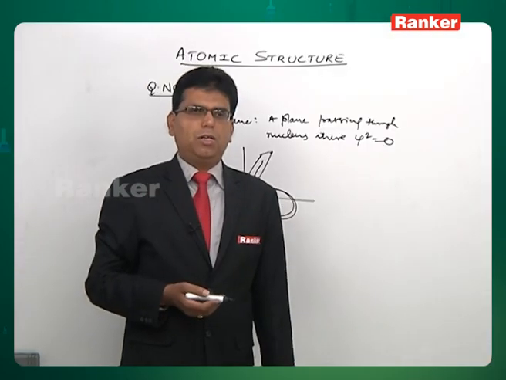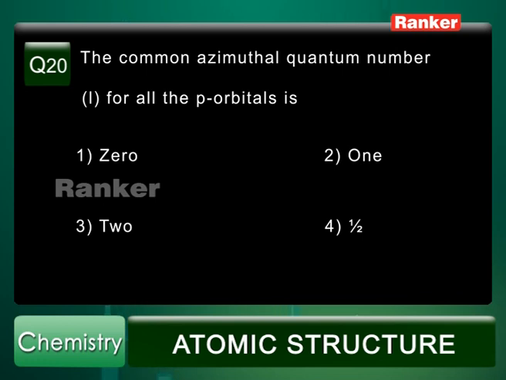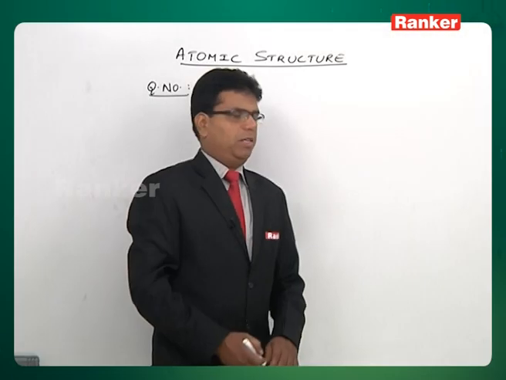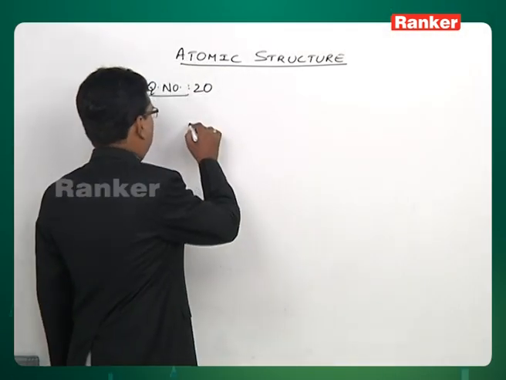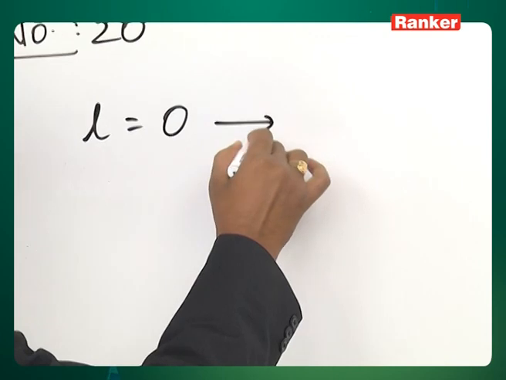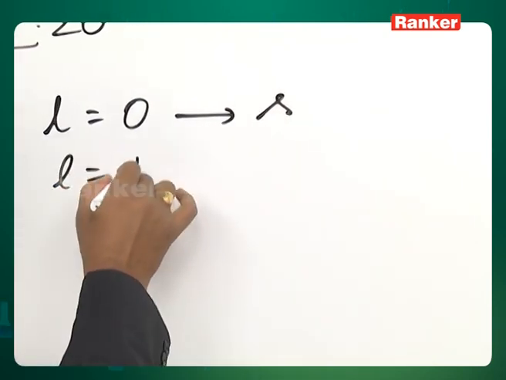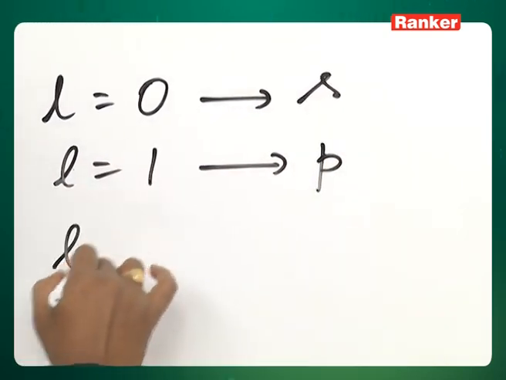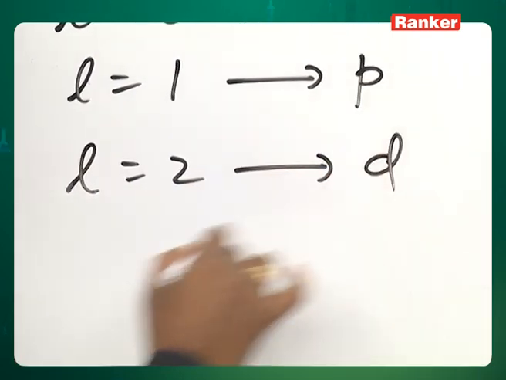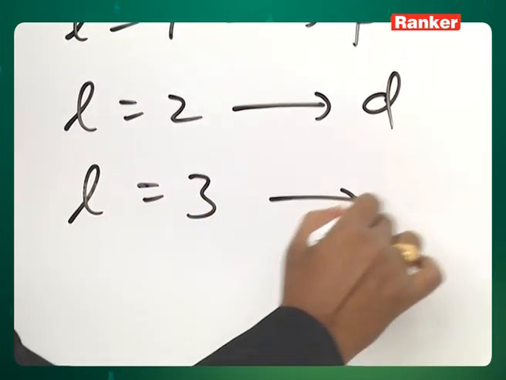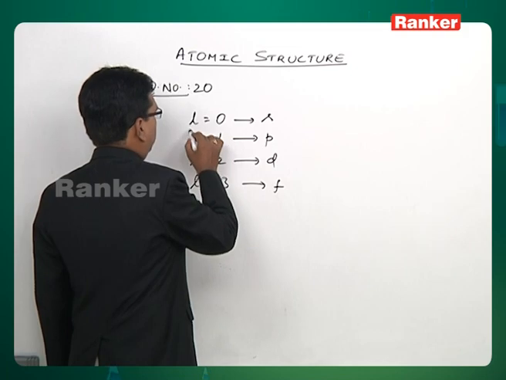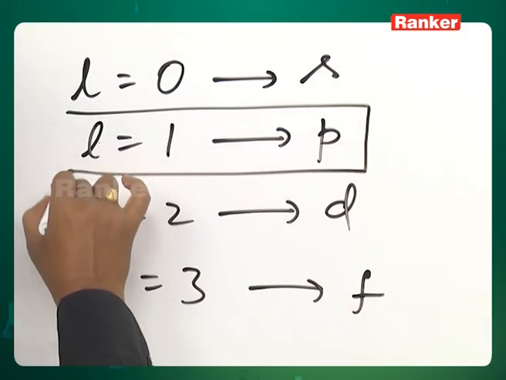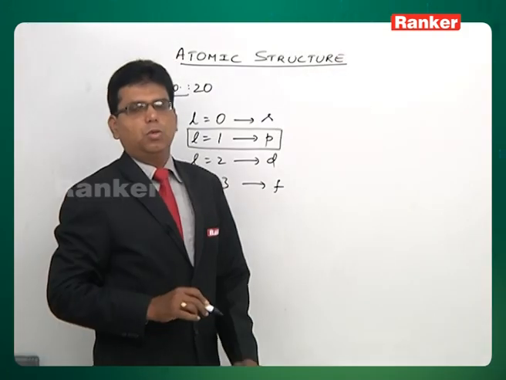Now let's move on to question number 20. The common azimuthal quantum number L for all the p orbitals: if azimuthal quantum number L is equal to 0, that is an s orbital, L is equal to 1 is a p orbital, L is equal to 2 is a d orbital, L is equal to 3 is an f orbital. So the common azimuthal quantum number for all the p orbitals is 1.